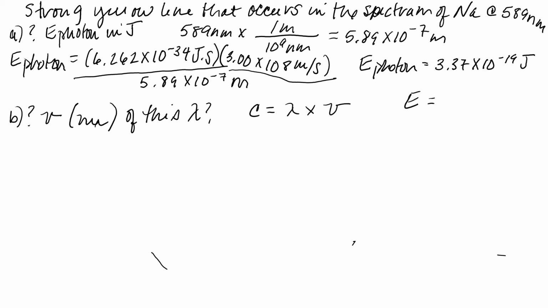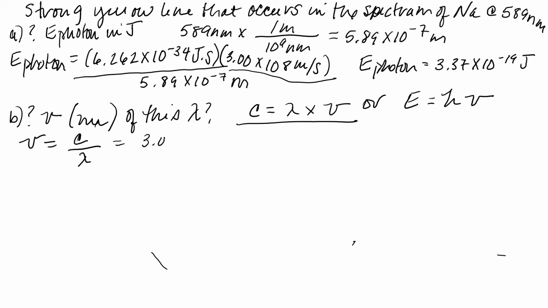Either works. I'm only going to do it one way. Rearranging that equation to solve for frequency, frequency is equal to the speed of light divided by lambda.